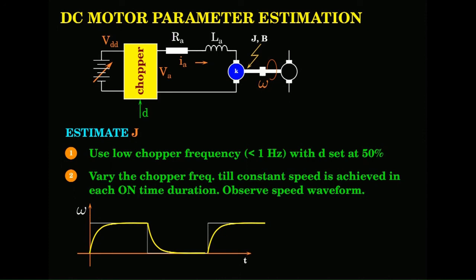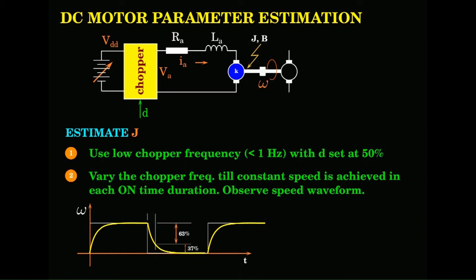And at some point here, you are switching off the input. And the speed starts falling gradually. And speed starts falling at the mechanical time constant, because J and B are coming into the picture. So just like in the case of IA, we are interested in one time constant.